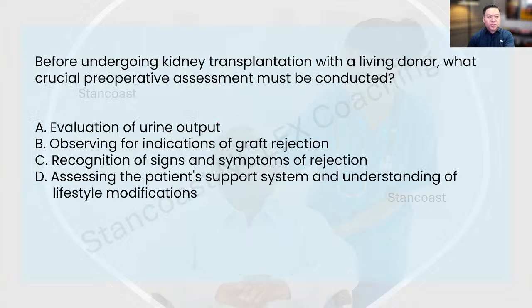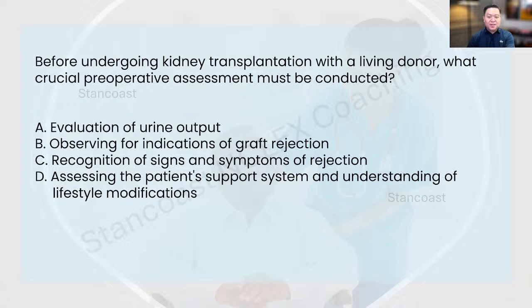Now we're going to go into the next question, which is: before undergoing kidney transplantation with a living donor, what crucial pre-op assessment must be conducted? Again, the question says, before undergoing kidney transplantation with a living donor, what crucial pre-op assessment must be conducted?